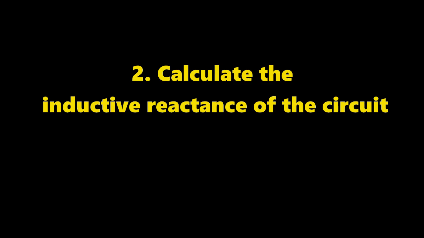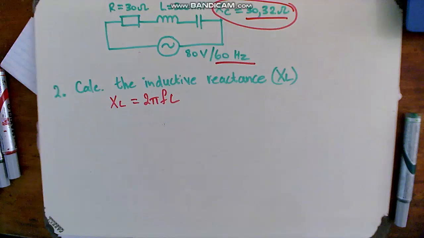Question 2 says calculate the inductive reactance. So the formula XL is equal to 2 times pi times F times L. F is the frequency, L is the value of the inductor. So substituting into the formula, we got 2 pi, and then substitute our frequency of 60 times the inductor, which will be 300 times 10 to the minus 3.